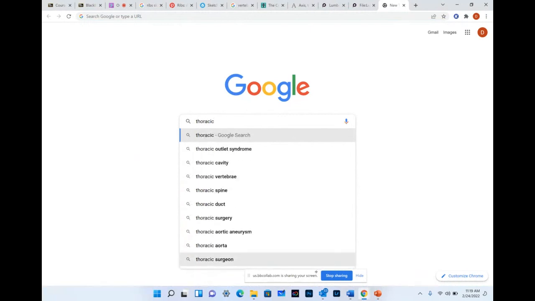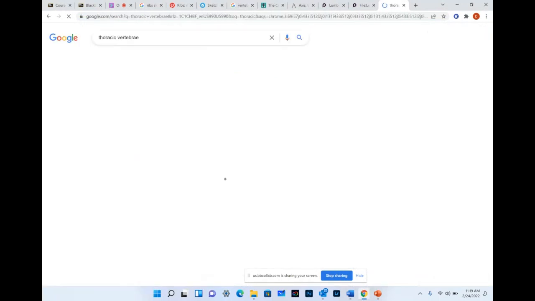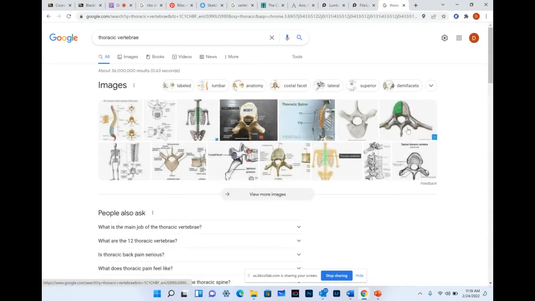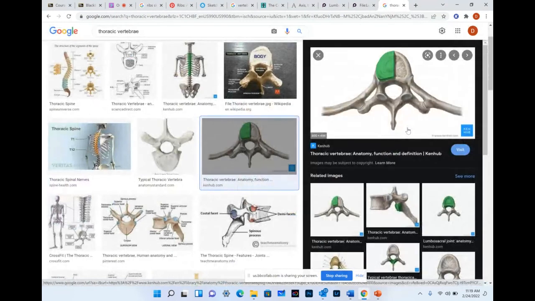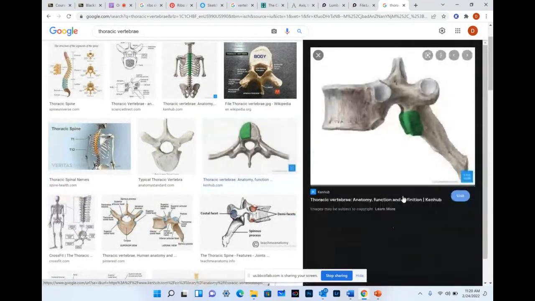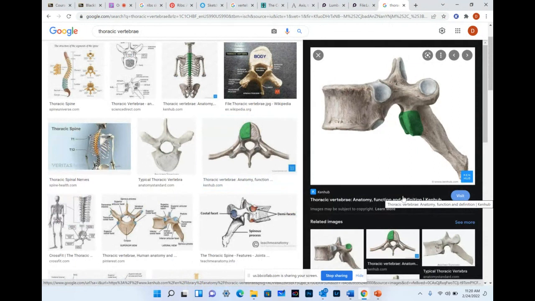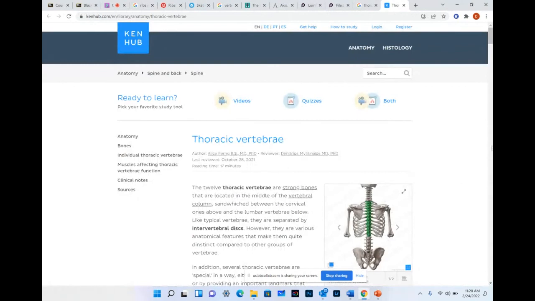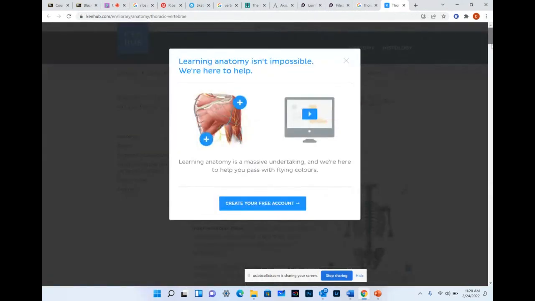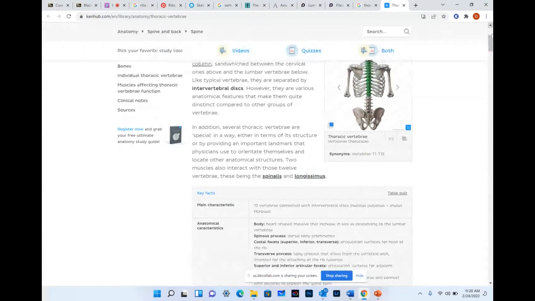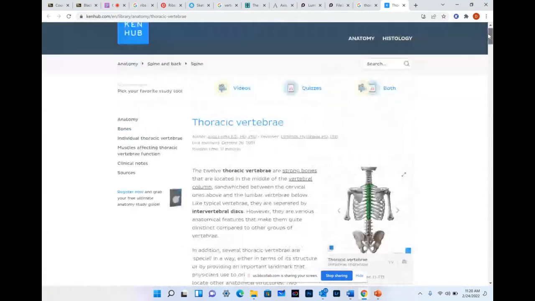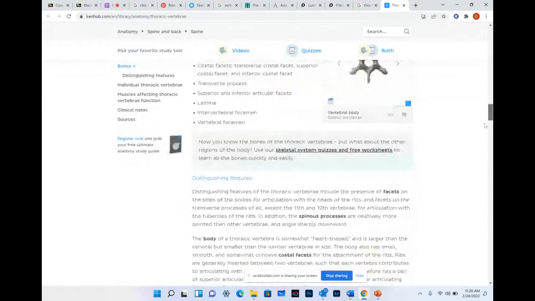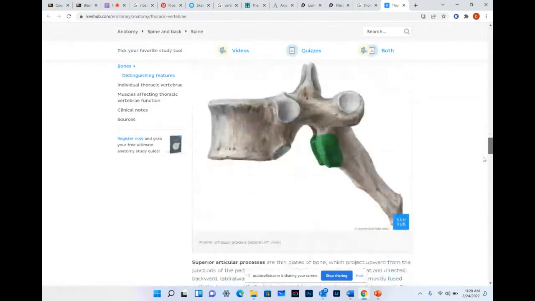Thoracic vertebra. Okay, this is the side view of thoracic vertebra. Here.